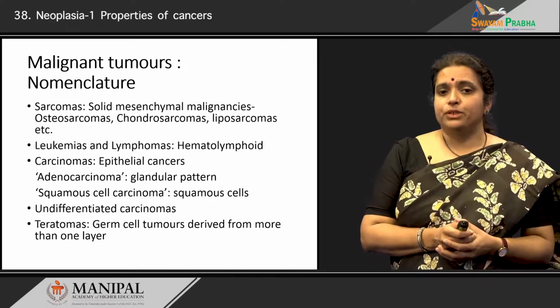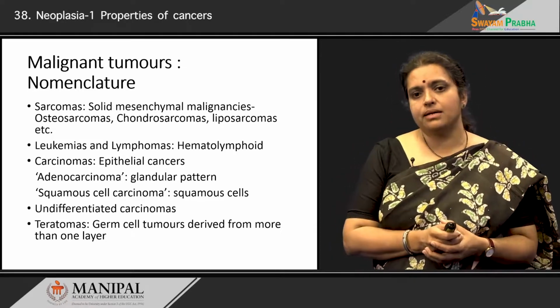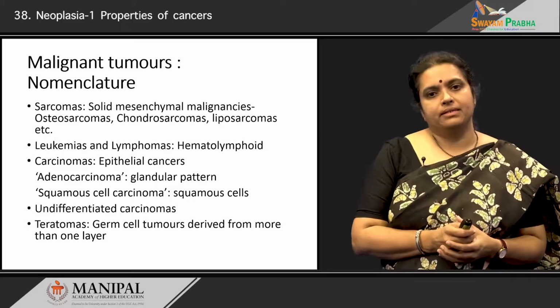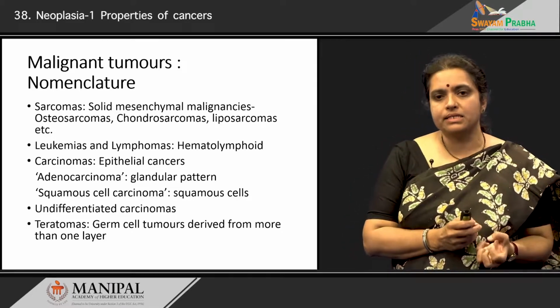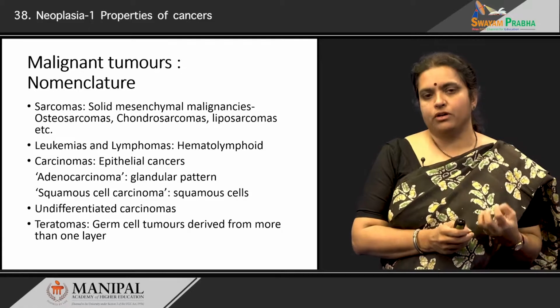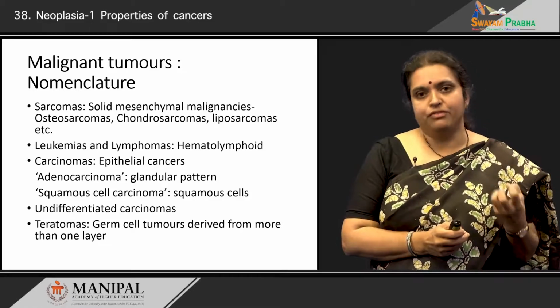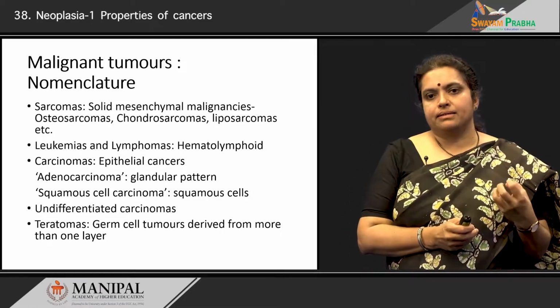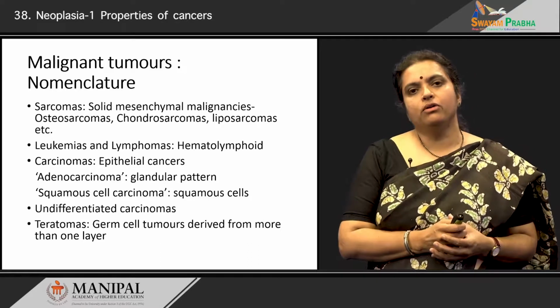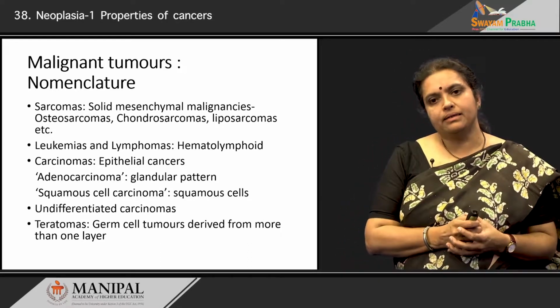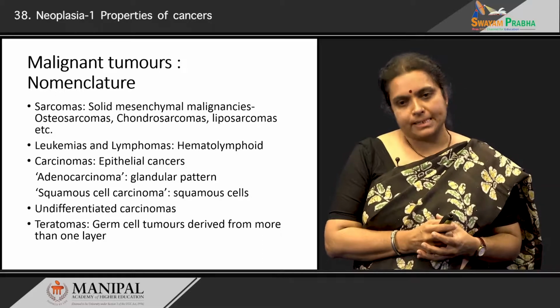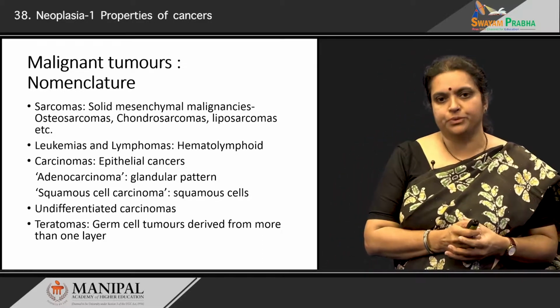You also have leukemias and lymphomas. These are non-solid malignancies in the sense that they arise from hematolymphoid or the blood forming cells, and these arise either in the bone marrow or in lymph nodes and other extranodal sites which have lymphoid tissue.